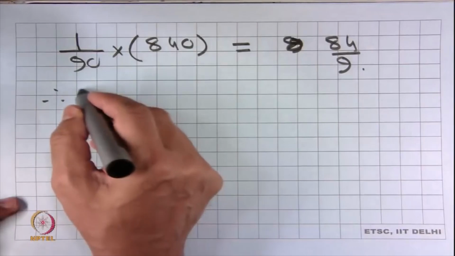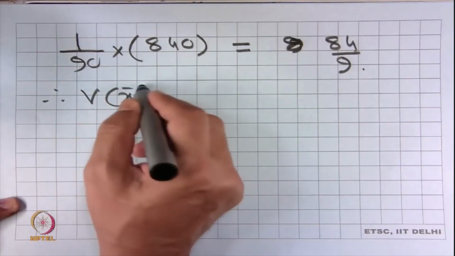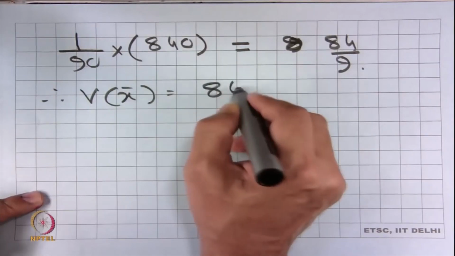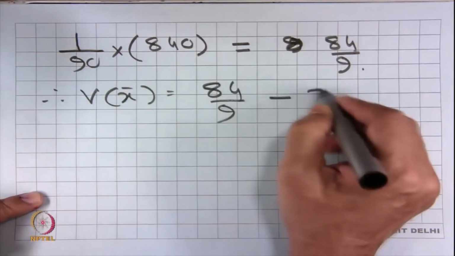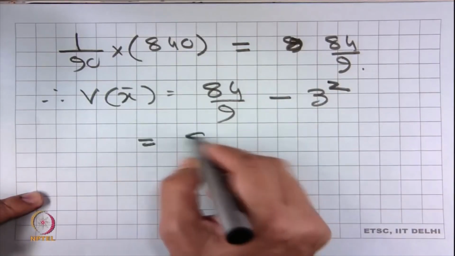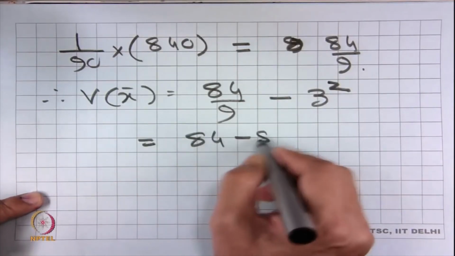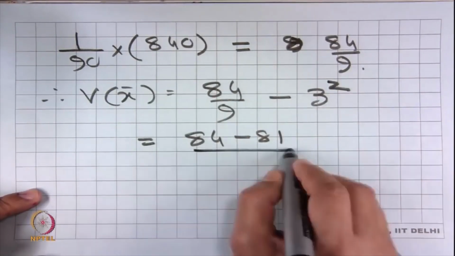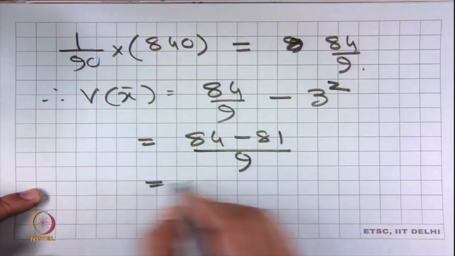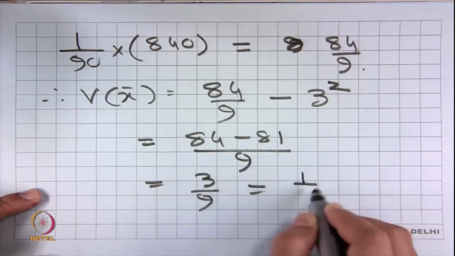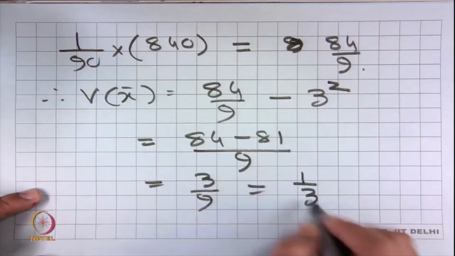Therefore, variance of x bar is equal to 84 by 9 minus 3 square, which is 84 minus 81 upon 9, is equal to 3 upon 9, is equal to 1 upon 3.